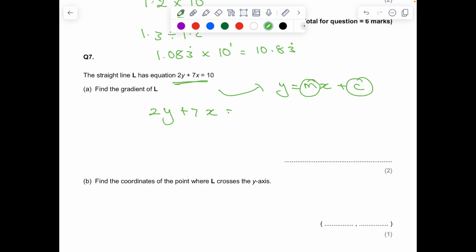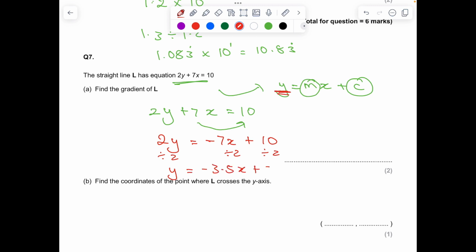So I'm going to take the 7x to the other side, and it becomes minus, so I get 2y equals minus 7x plus 10. It's still not 1y, so I'm going to divide everything by 2 to get y equals minus 3.5x plus 5.